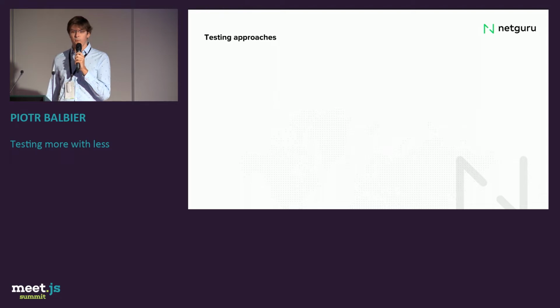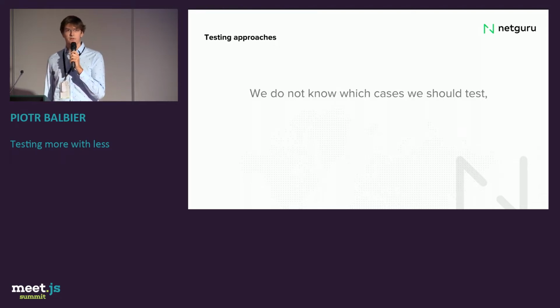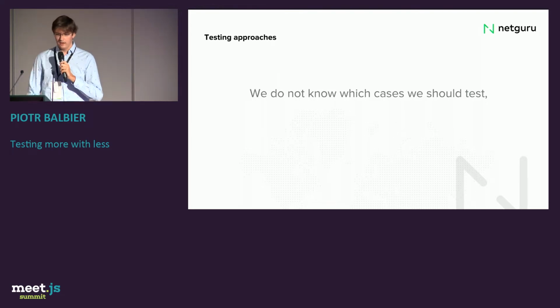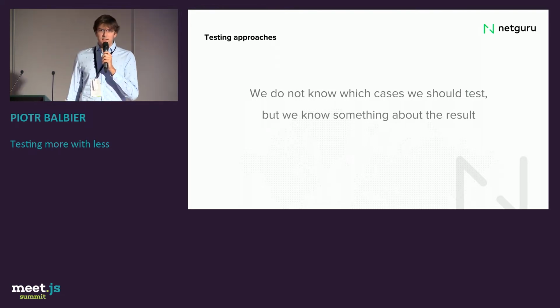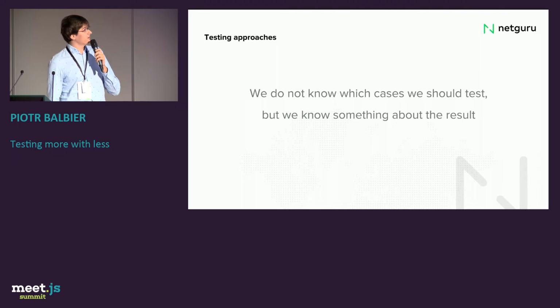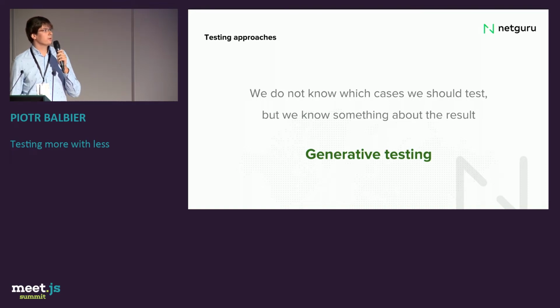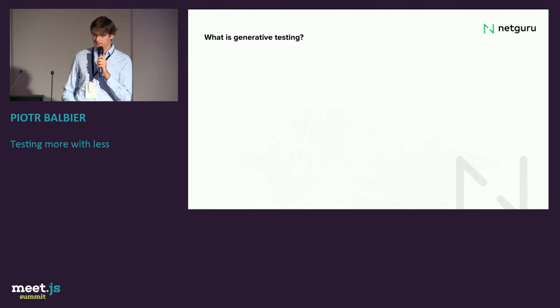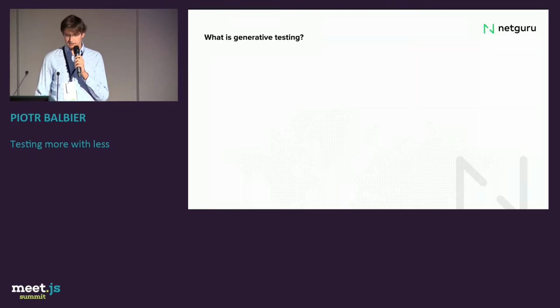But there's also a way when we actually don't know which cases are important, we don't know what should be the focus of a test, but we still can test something. There still can be something that will be known about the expected result. And it's called generative testing, or a little bit narrower category, property-based testing.